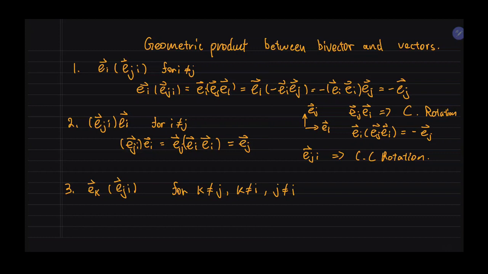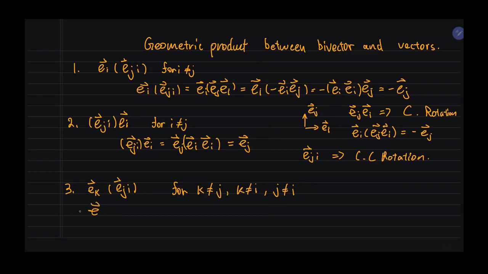However, I will advise you not to think about this for cases 1 and 2, that the bivector represents rotation, because when you have a vector like in our case 3, that does not share the same index with i and j, which does not lie in the ij plane, this does not represent any rotation.